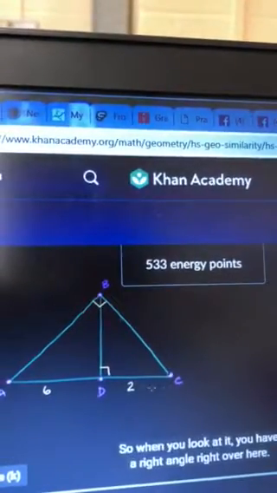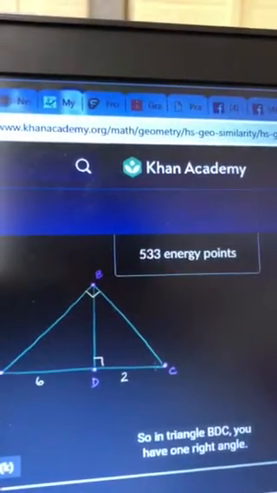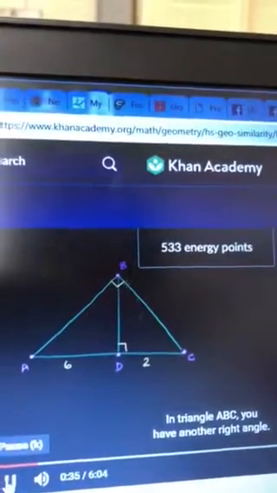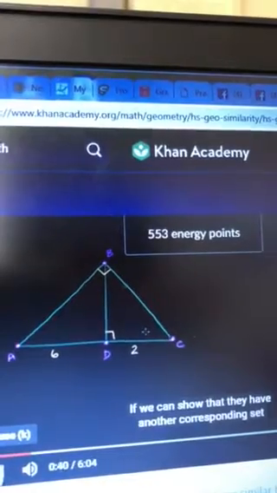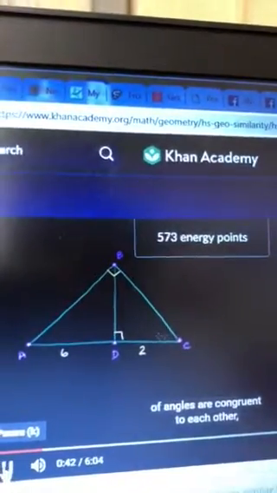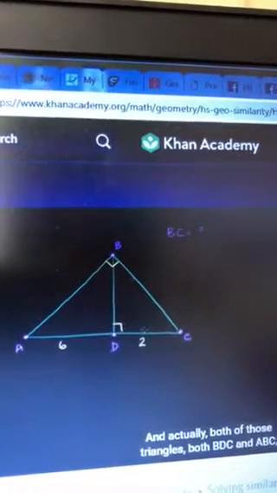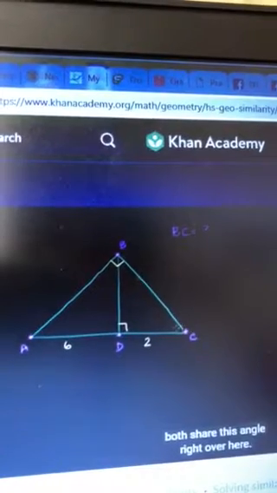is. So when you look at it, you have a right angle right over here. In triangle BDC, you have one right angle. In triangle ABC, you have another right angle. If we can show that they have another corresponding set of angles that are congruent to each other, then we can show that they're similar. And actually, both of those triangles, both BDC and ABC, both share this angle right over here.